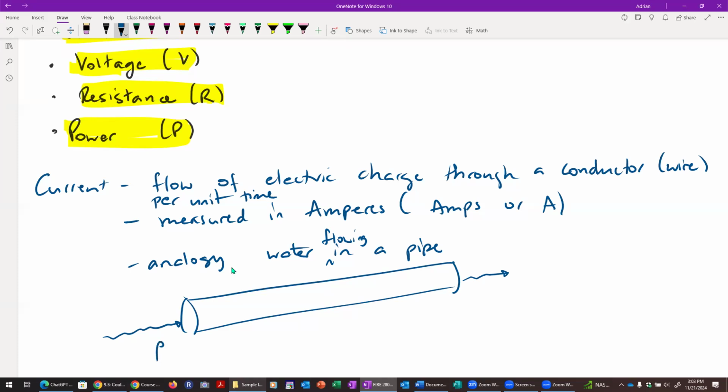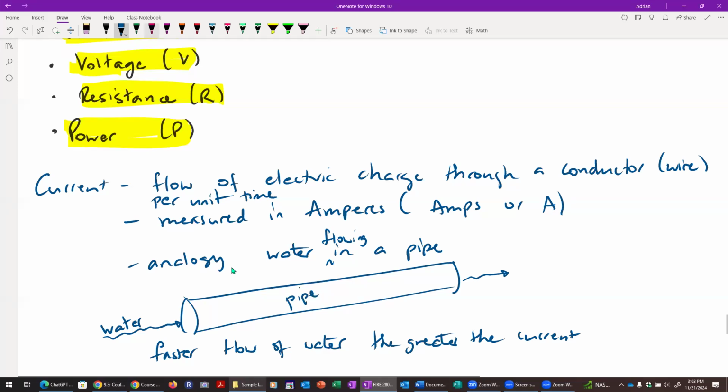So the faster the flow of water, in other words, the greater the current. I'm trying to color code this. This is the water going through, and this is the pipe. The water would be the electrons, and the pipe would be the wire, for example.